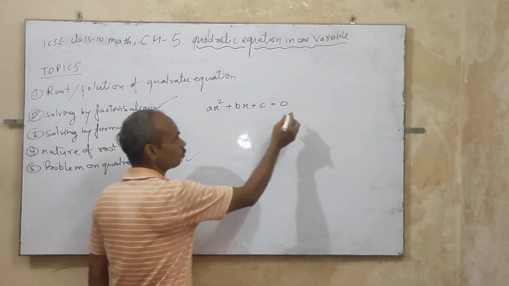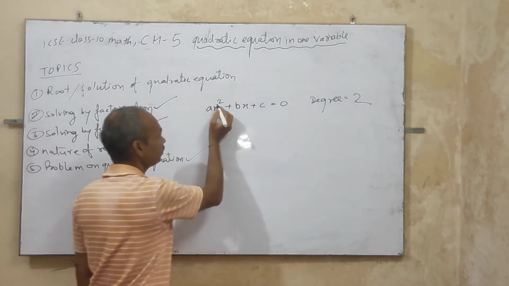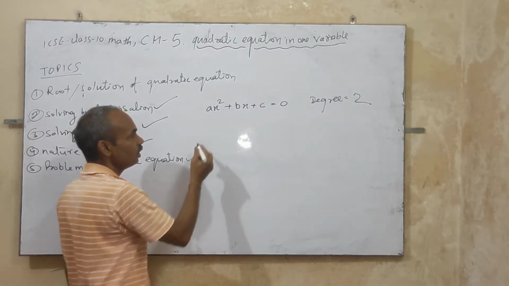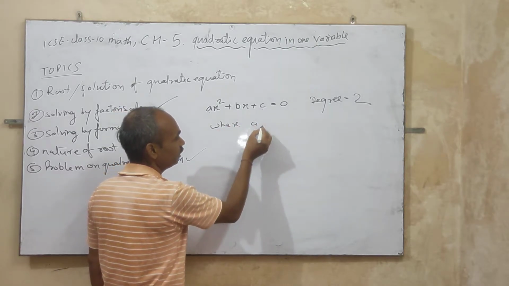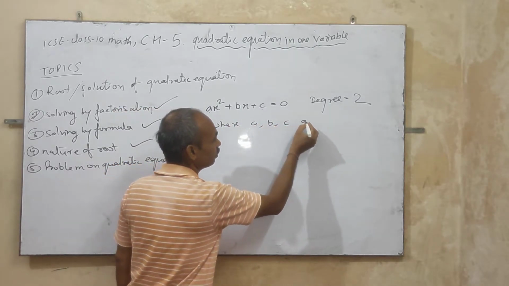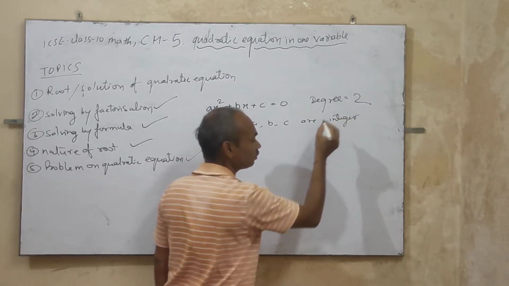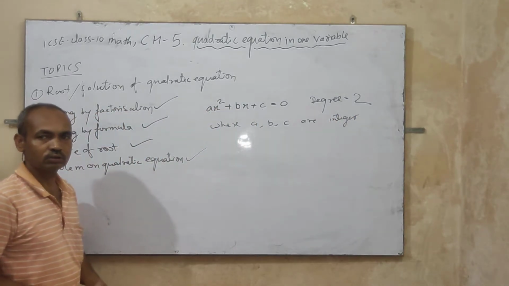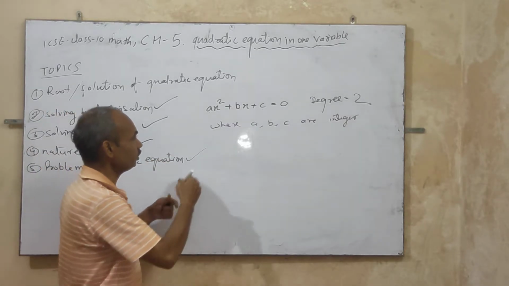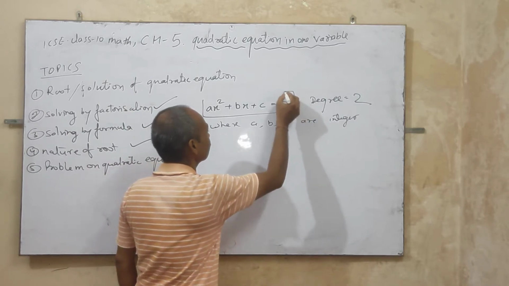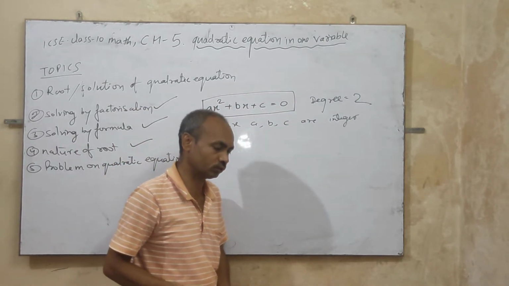The degree is 2, because the highest power is 2, and a, b, c are integers. If an equation is in this form, it is known as a quadratic equation.